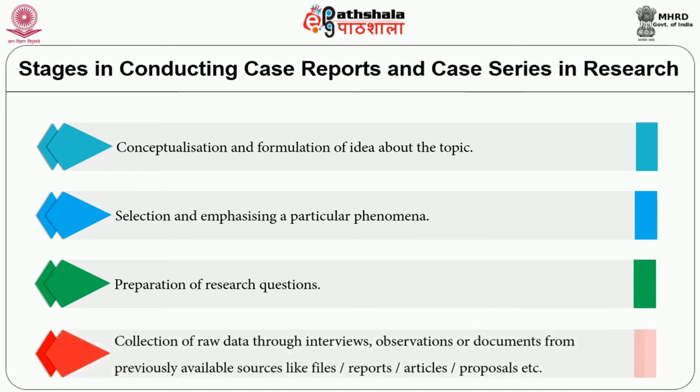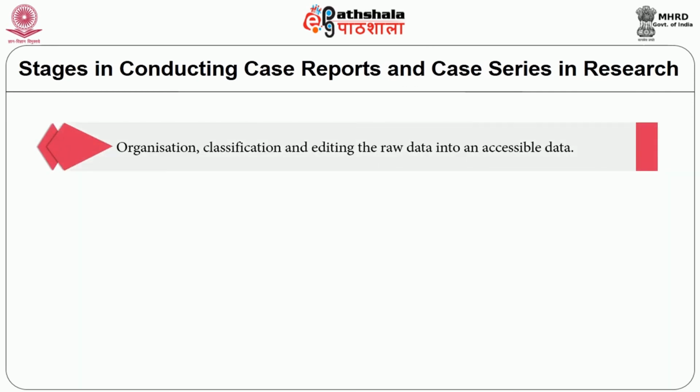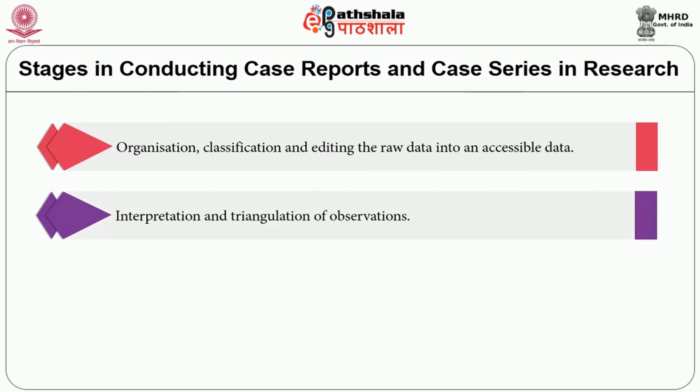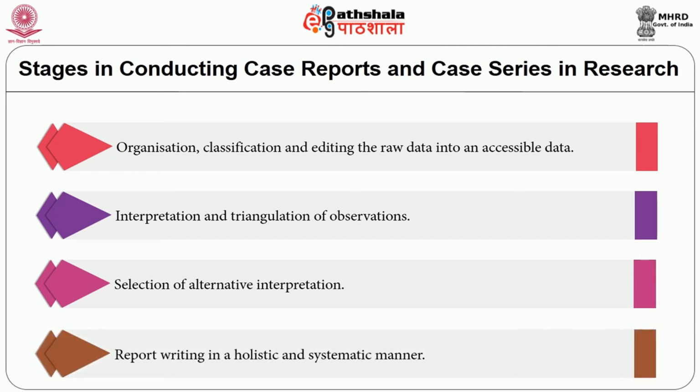Next, collection of raw data through interviews, observations or documents from previously available sources like files, reports, articles, proposals, etc. The next step is organization, classification and editing the raw data into accessible data. Then interpretation and triangulation of observations, selection of alternative interpretation, and finally the report writing in a holistic and systematic manner.